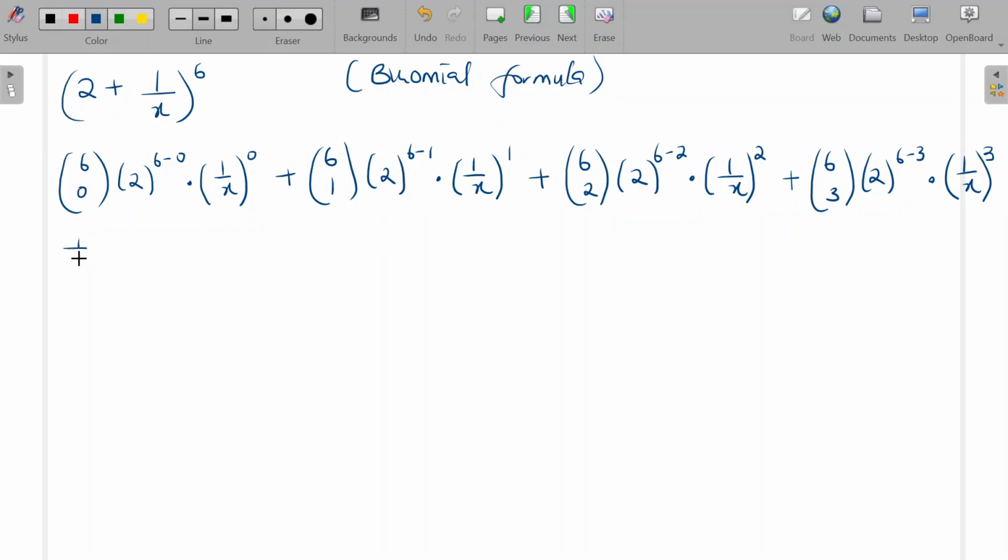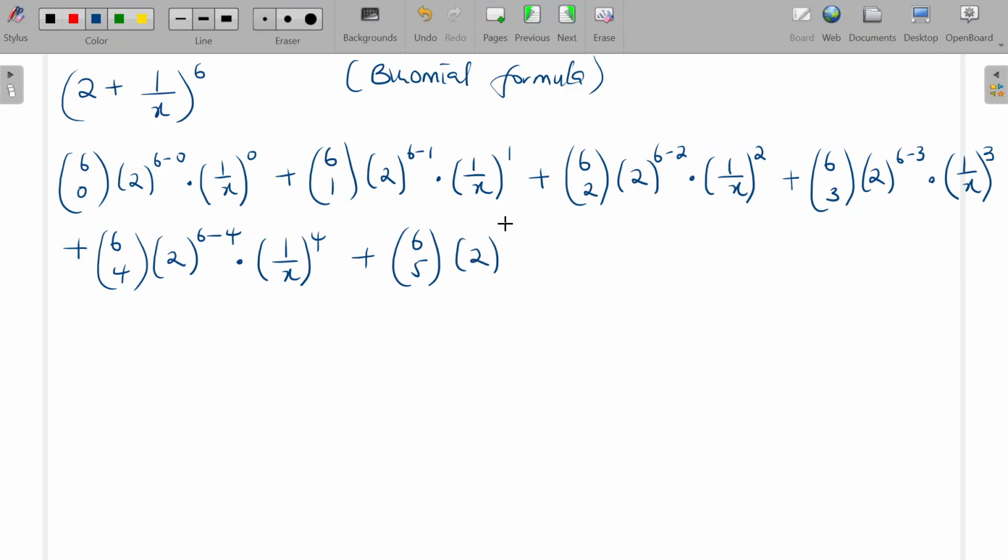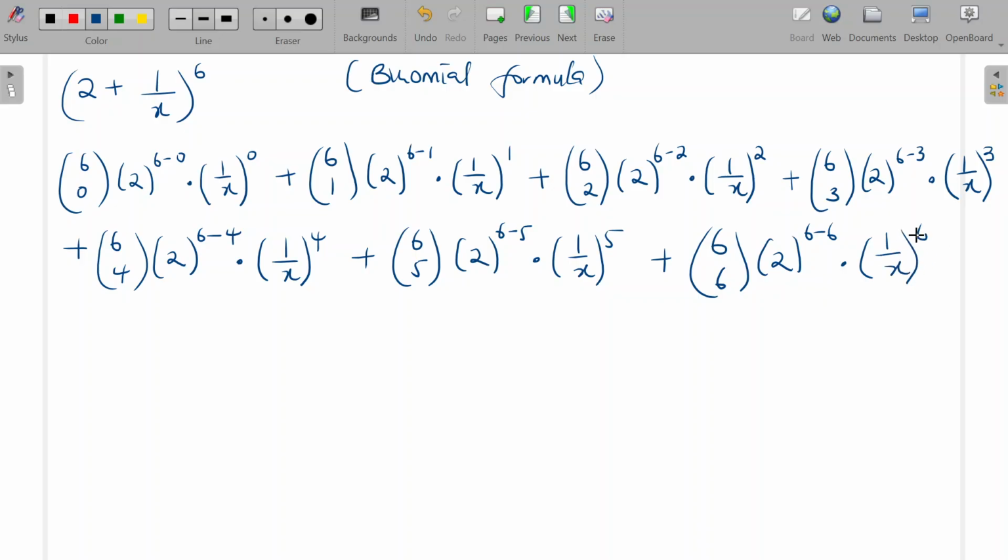Then plus 6 combination 4, 6 minus 4, dot product of 1 over x raised to power 4, then plus 6 combination 5, which gives 2 to the power 6 minus 5, dot product 1 over x raised to power 5, then plus 6 combination 6, and when they are equal, you stop from there. 2 to the power 6 minus 6, dot product of 1 over x raised to power 6.